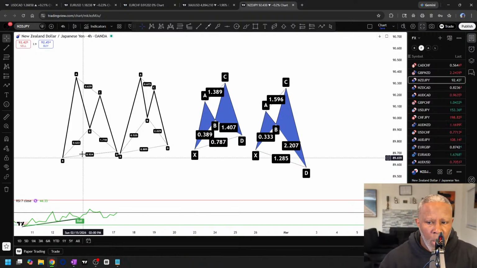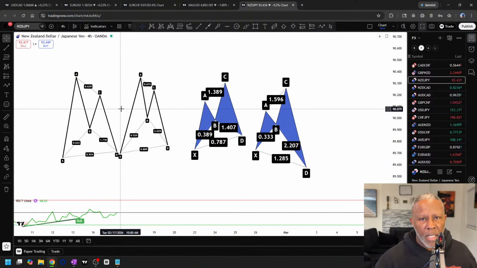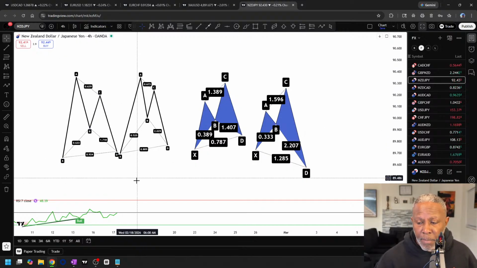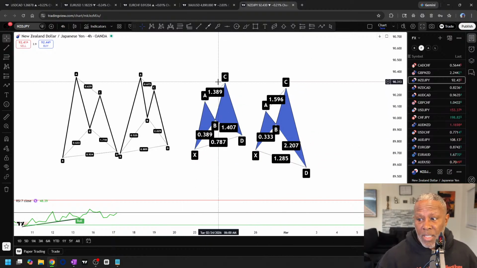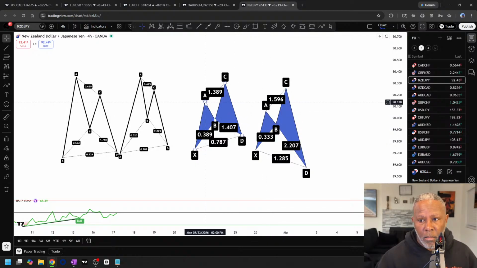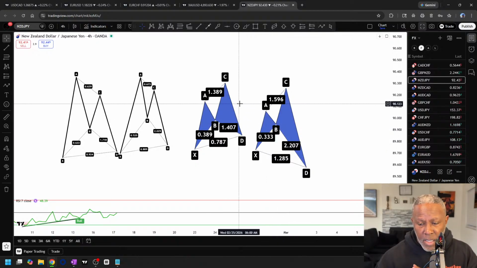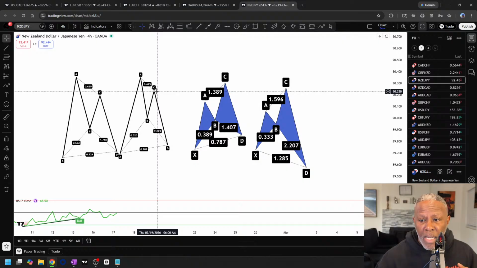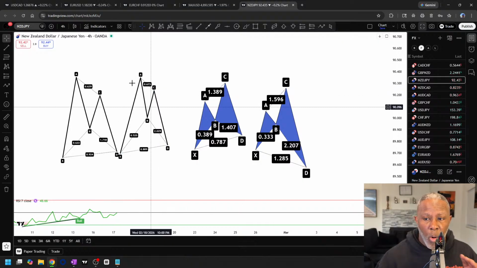Okay? Gartley and Bat are in a completely different family. They follow a different set of rules. These are X, A, B, C, D patterns. C's must be higher than A on these sets. C's must be lower than A on these sets.